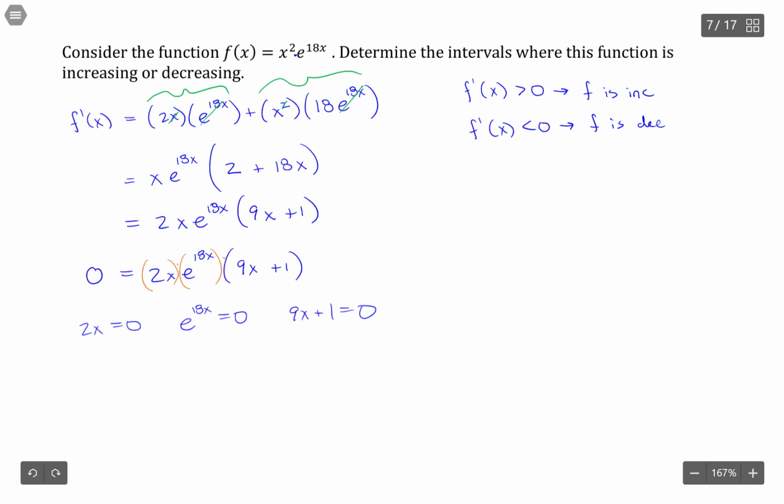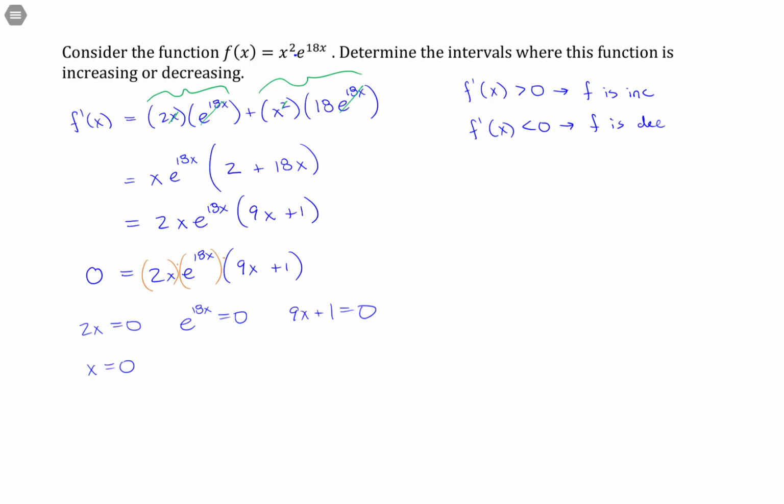One of those statements had to be true. So they're all possible, so we consider them all as potential places where solutions exist. If I solve the first one, I get x equals 0 as a critical value.